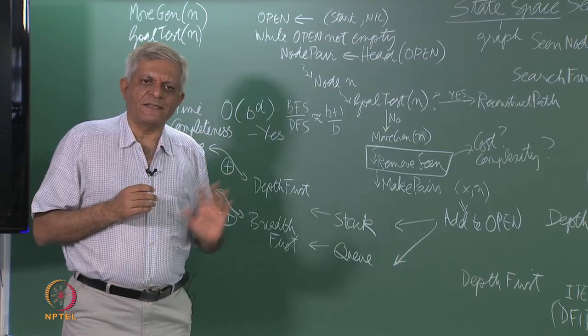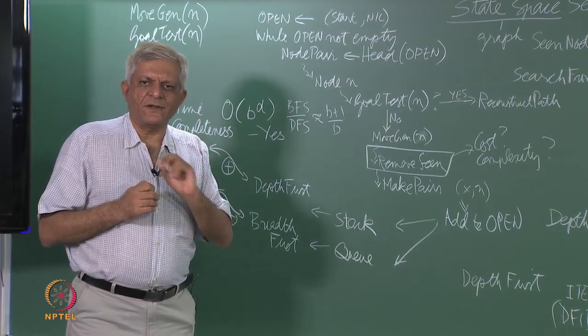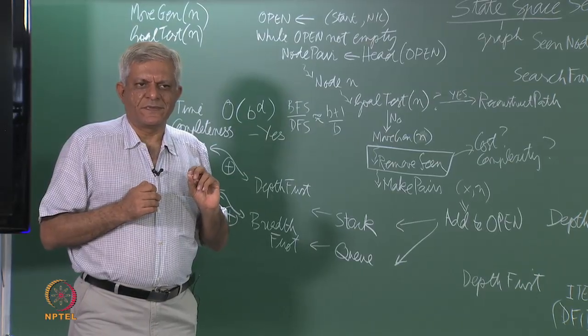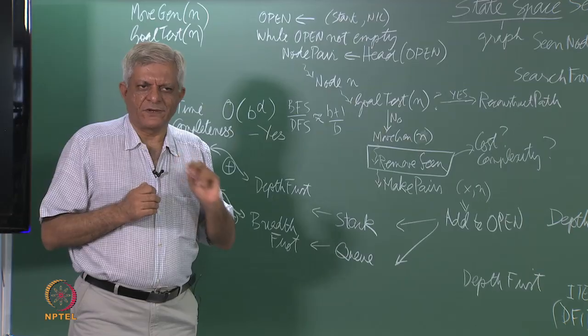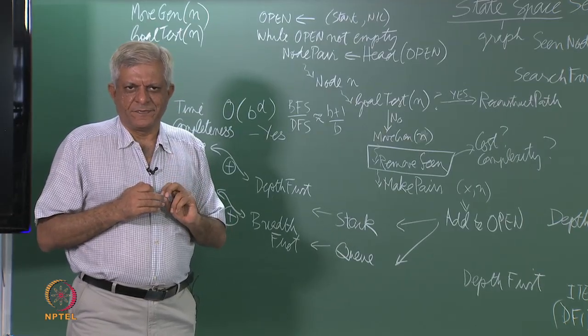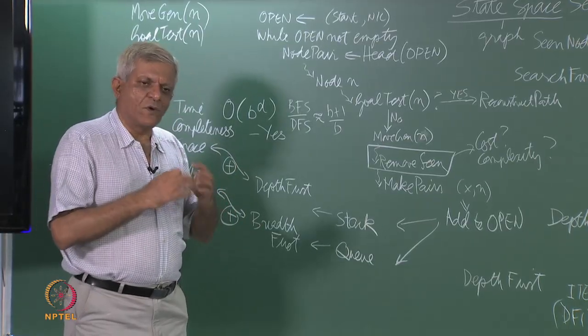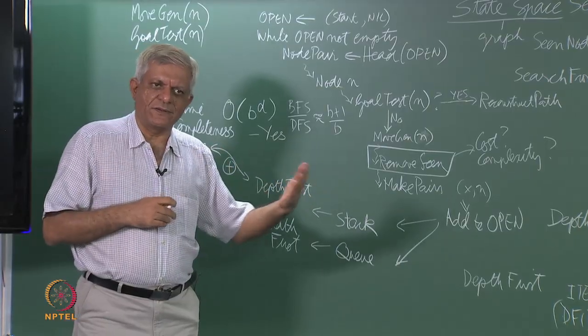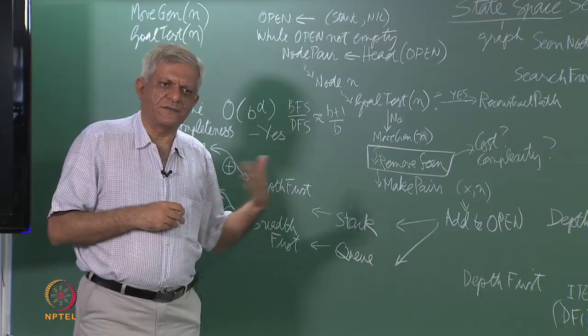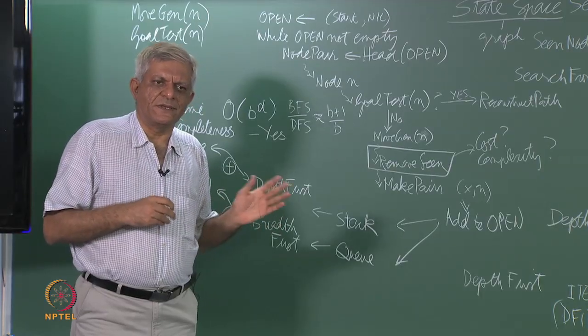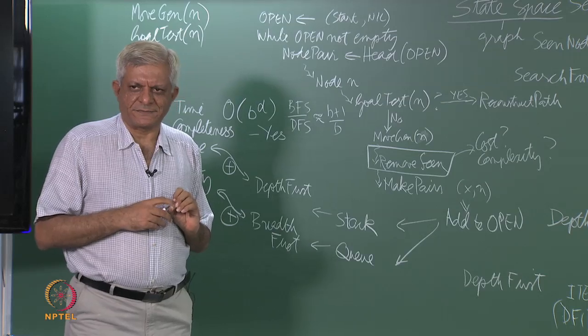And there we had made an assumption that checking in closed is not expensive. But if closed is growing exponentially, then checking in that will each time take an exponential amount of work, and it is going to be a tough thing to crack essentially.